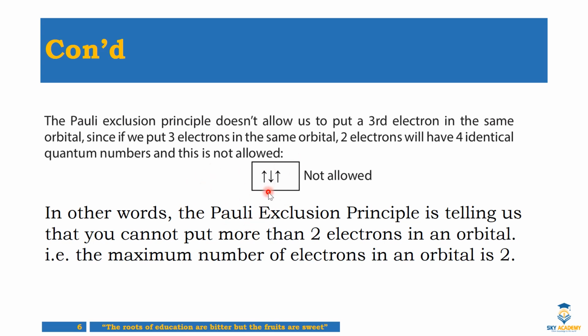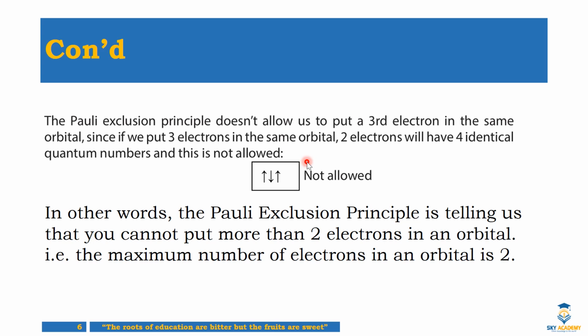You see here, we have the first electron spinning up, the second electron spinning down, and the third electron spinning up. The first electron and the third electron are both spinning up. This is not allowed because we have two electrons which are spinning up, and it is not correct.